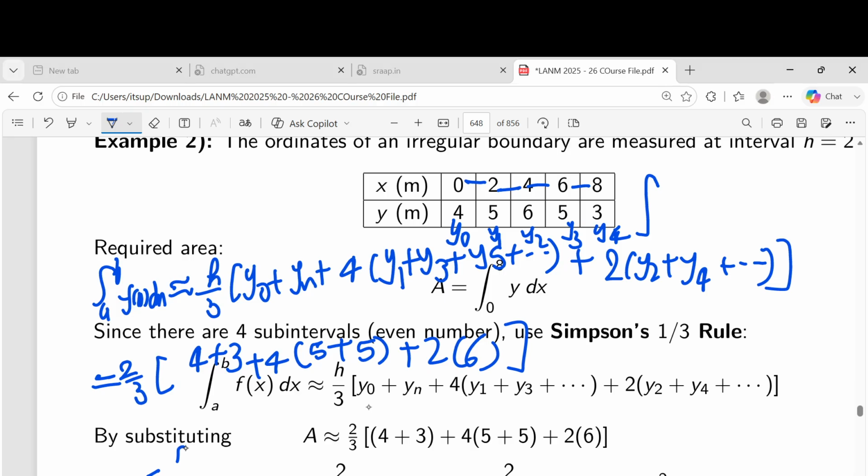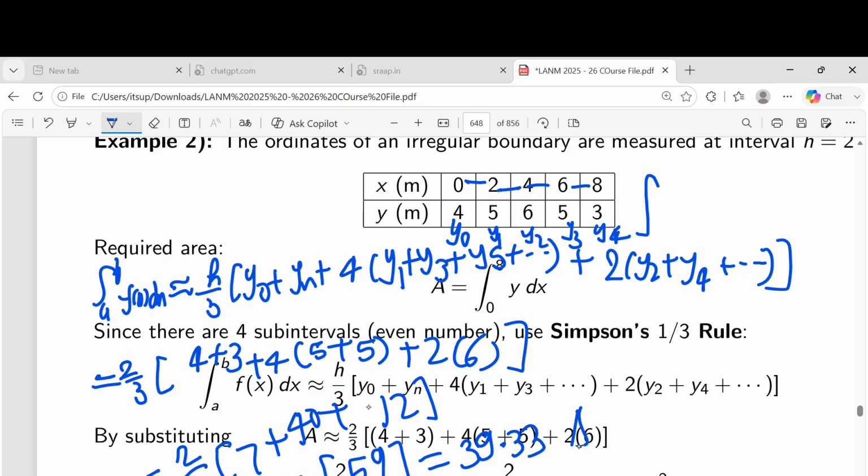So this becomes 2 by 3 times (7 plus 40 plus 12), which is 59. So this is 39.33. So this is the answer.